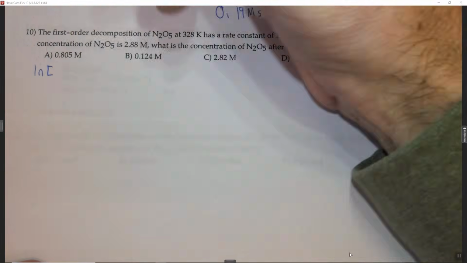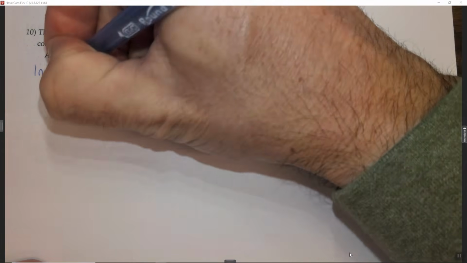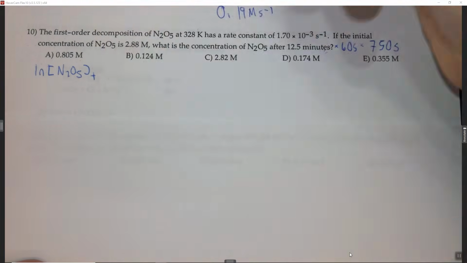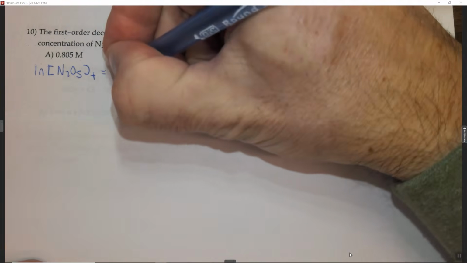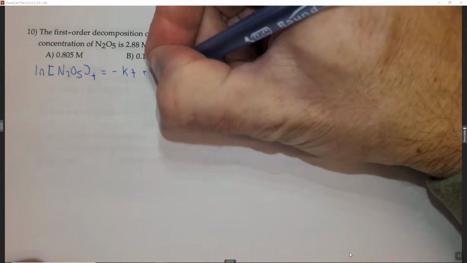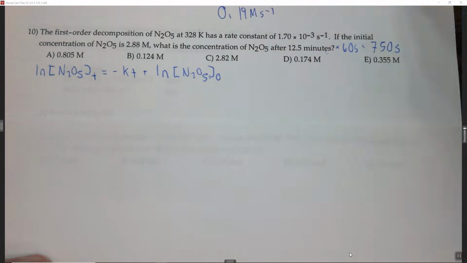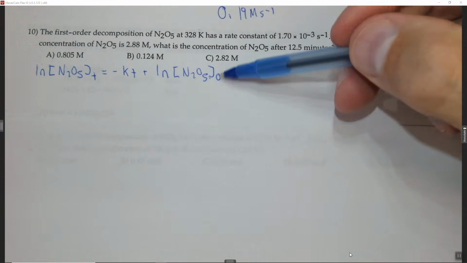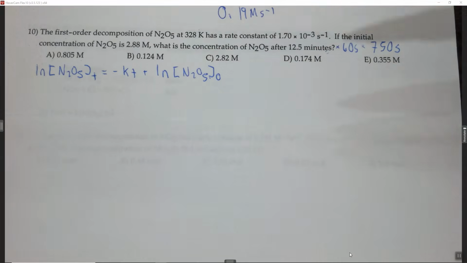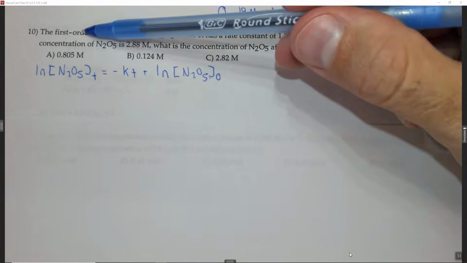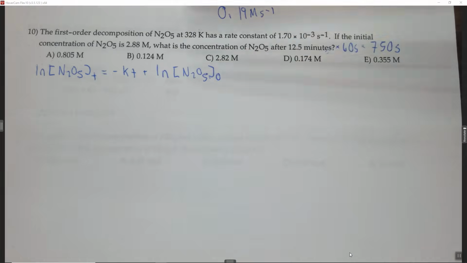So in this case, ln of the concentration of N2O5 after some time equals minus kT plus ln of the concentration of N2O5 initially. Okay, and that's what the little 0 means, initial, and the little t means after some time. Note that this is the first order integrated rate law. It would be different.